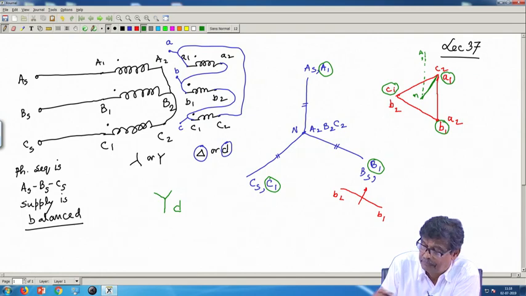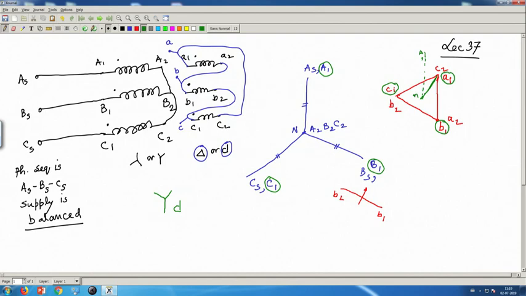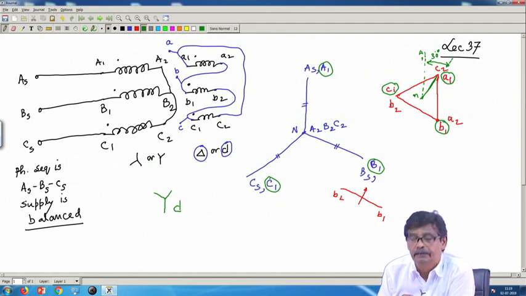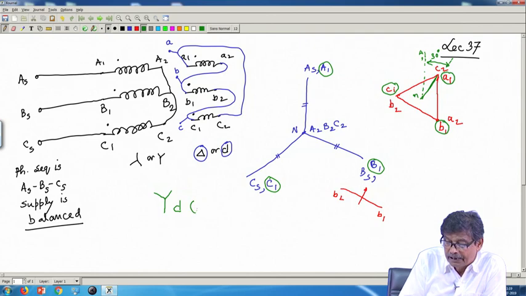You should not make confusion that capital N and small n is connected. No, small n is not there in fact. But anyway, that is the A1 phase vector, that is vertical. So, I find that this voltage lags the phase voltage with respect to the neutral on the primary side by 30 degree. And I then write it as it is lagging. So, maybe minus 30 degree I will be telling it.